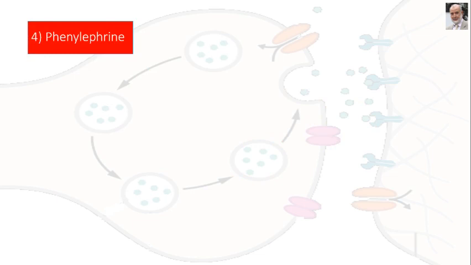Phenylephrine, which we said some books classify as an alpha-1 agonist. Actually, phenylephrine is an alpha-1 agonist. At a higher dose, it will act as a beta-1 agonist as well. So in a normal dose, it will act as an alpha-1 agonist, and at a higher dose, it will act as a beta-2, beta-1 agonist as well.